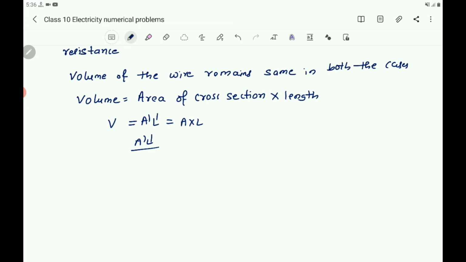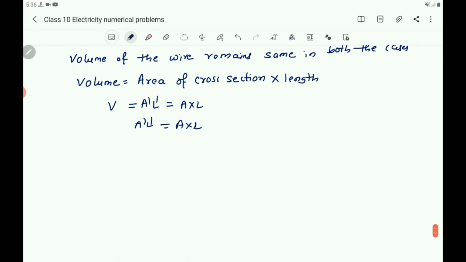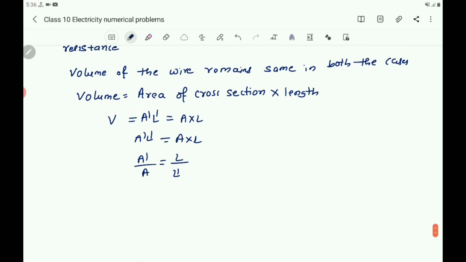A dash L dash equals AL. So you can have that A dash by A is equal to L by L dash, and the length is doubled, that becomes 1 by 2.